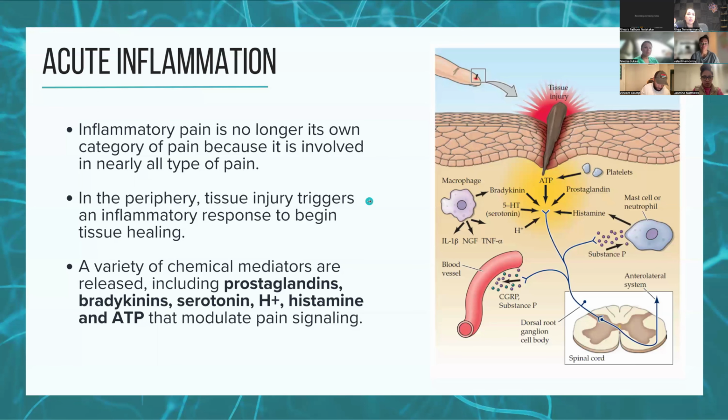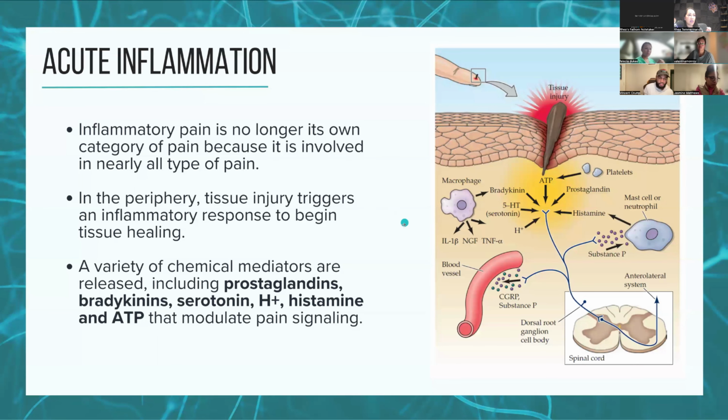I'll talk a little bit about acute inflammation. It's not its own category of pain because inflammation is a part of literally every type of pain disorder that's out there, and we understand inflammation pretty well. When tissue injury occurs, inflammation is supposed to increase blood flow to the area so that healing can occur.